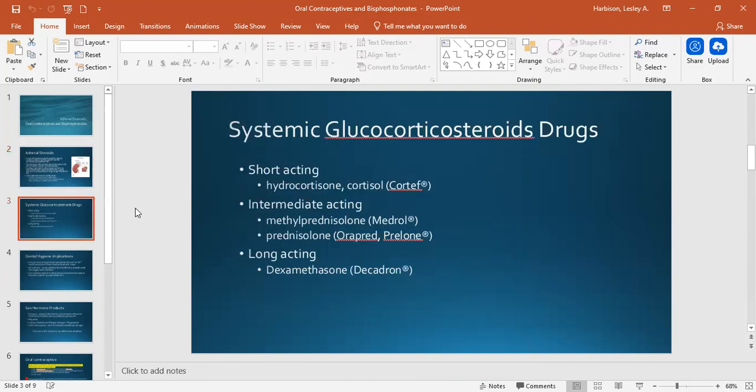Systemic glucocorticosteroid drugs: there are short-acting ones, hydrocortisone, cortisol, Cortef is the brand; intermediate-acting, methylprednisolone or Medrol, or prednisolone.